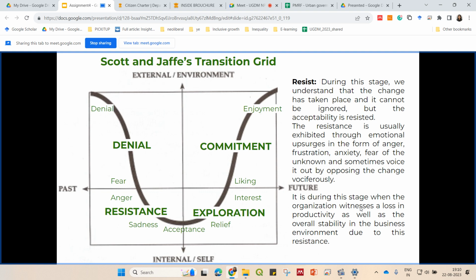So it grows out of a fear of the change, or fear of the negative consequences of the change to the particular individual. It might be fear of not being able to assimilate with the change, fear of maybe losing their job, fear of maybe failing to upskill themselves, and things like that.